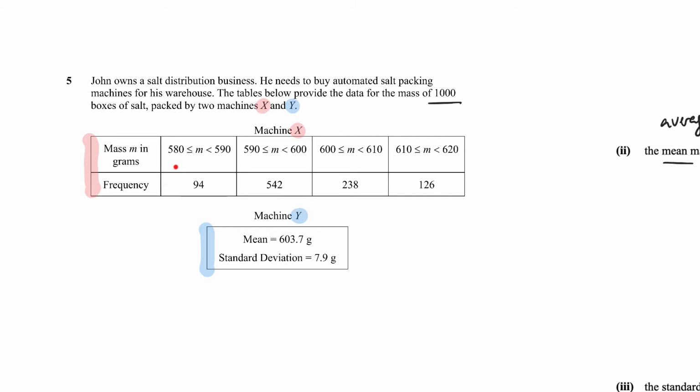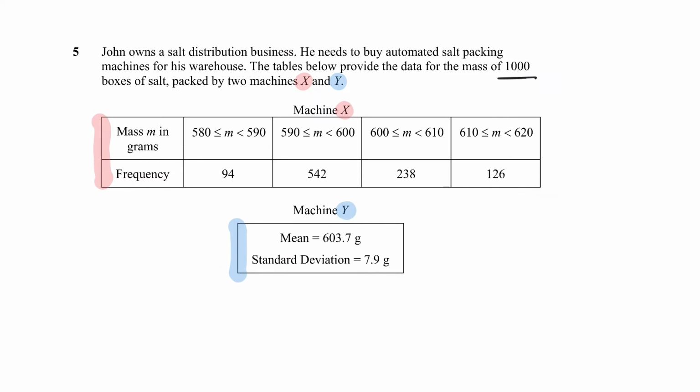But they give you a range, so you don't actually know what the exact mass is, you just know that it falls within that range. So when it comes to this kind of group data, we pick the middle point. The middle point will be 585, and over here, the middle point is 595.